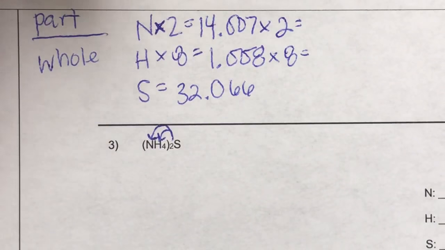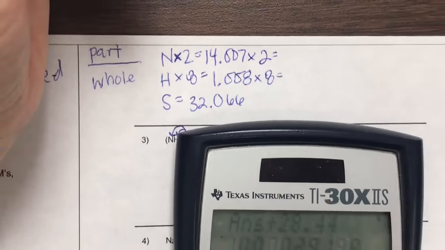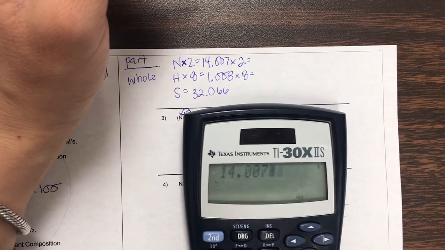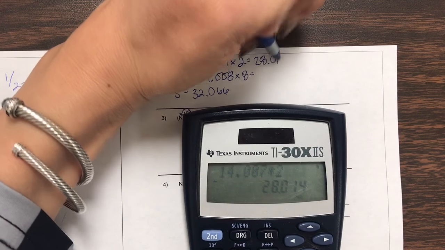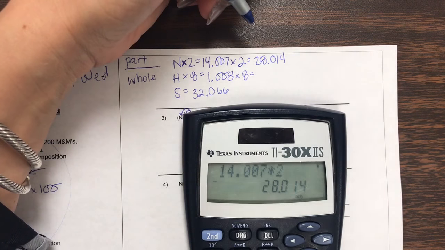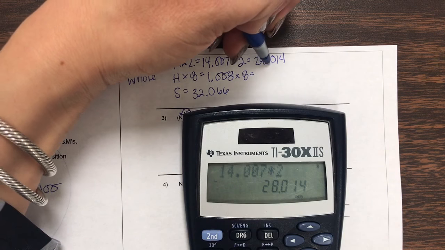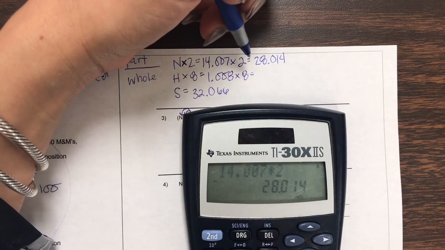So we are just going to add it all together. First, I'm going to get my multiplication out of the way. 14.007 times 2 gives me 28.014. And you don't have to carry over every single number after the decimal. You could have put 28.0, 28, or 28.01 would have been fine.